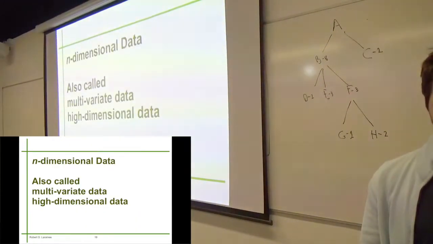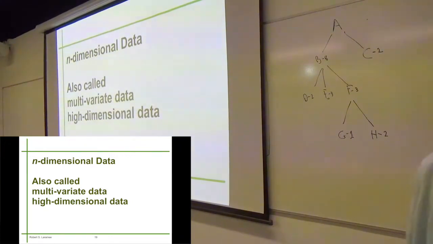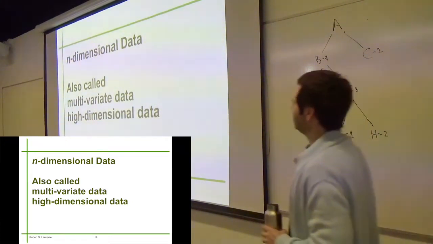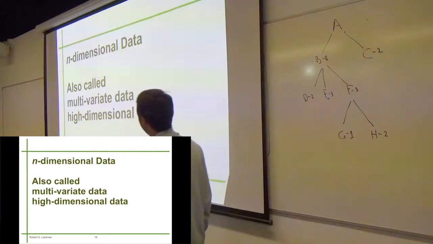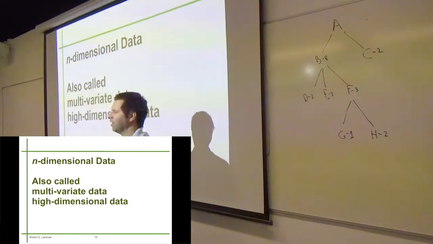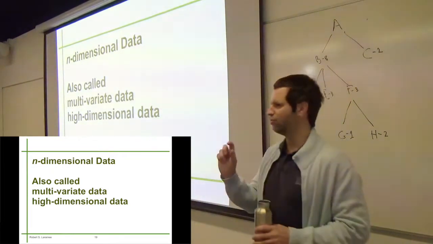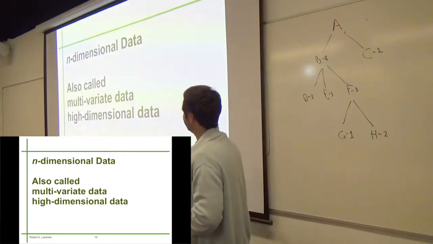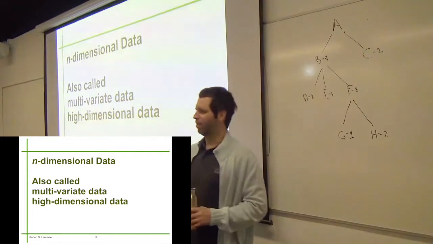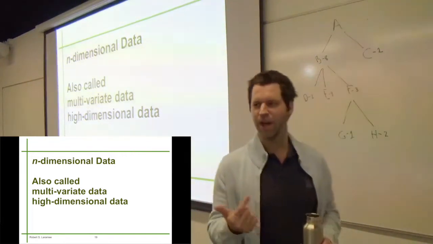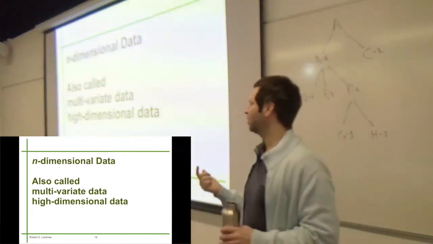And today we're going to talk about n-dimensional data. To make you as confused as possible, these terms may not be considered exactly identical, but they're generally used in a kind of interchangeable way. N-dimensional data is also called multivariate data, is also called high-dimensional data.